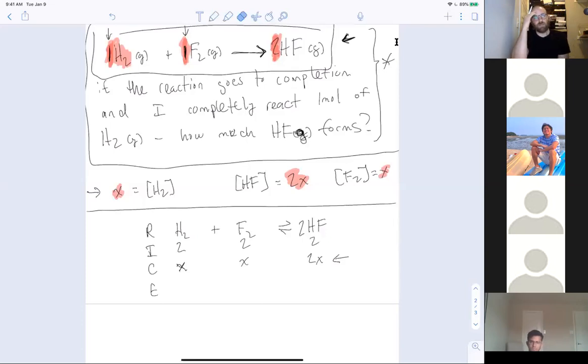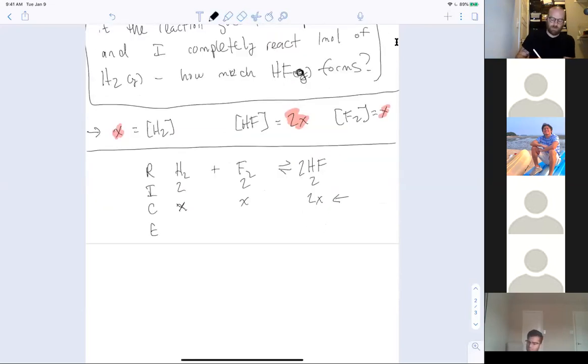I guess another way to look at it, if you want to think about it in terms of something macroscopic, is a cookie recipe. If I have a recipe that calls for 1 cup of brown sugar and 1 cup of white sugar, and I want to double that recipe, what am I going to use?